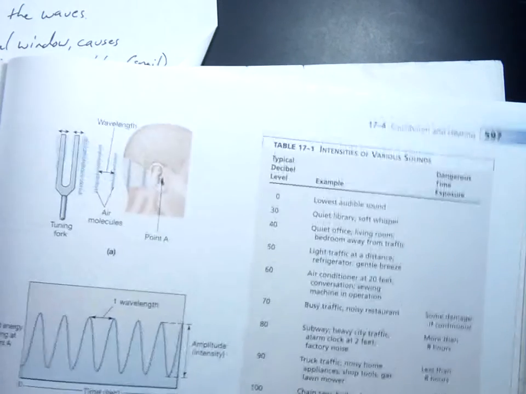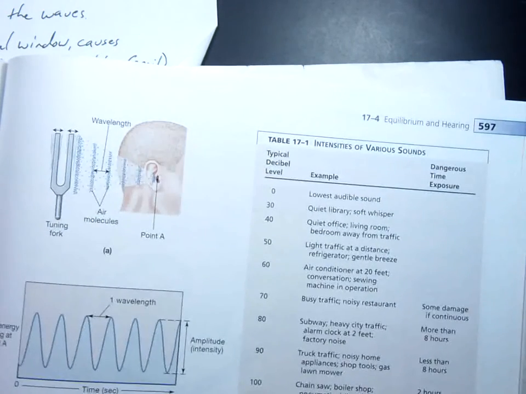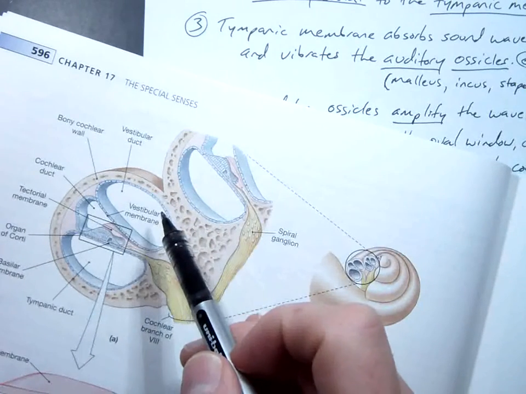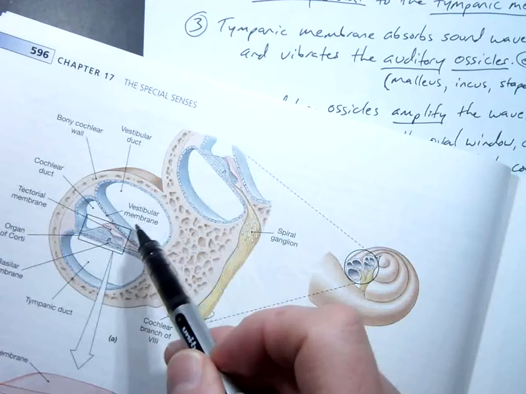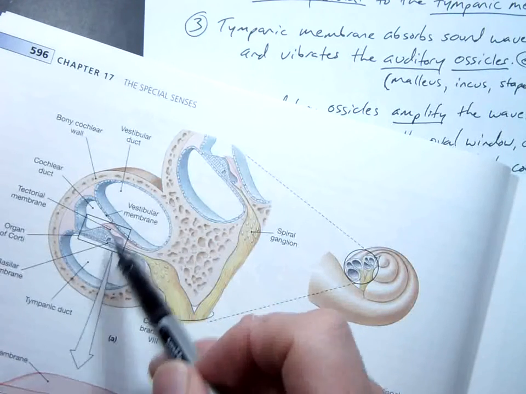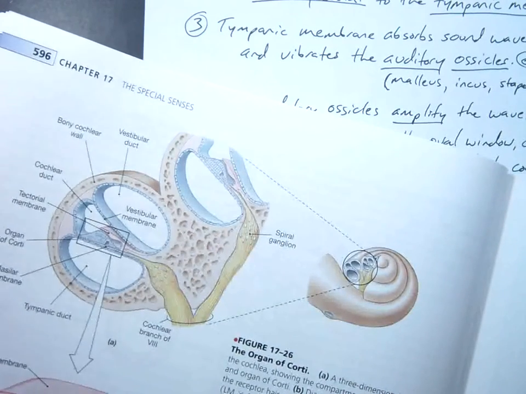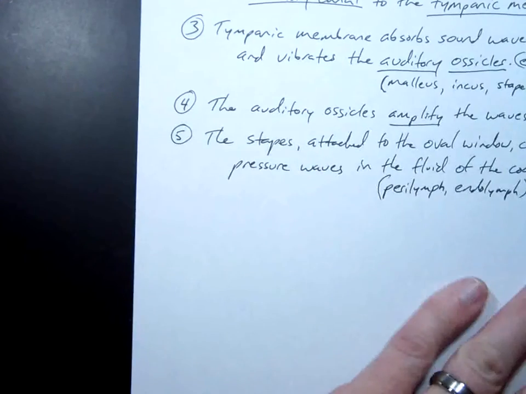Now, how is it processed? Okay? That fluid, the waves in the fluid are going to cross over. Now this is a cross section of the cochlea, all right? And that fluid pressure wave is going to cross from here to here, and as it does, it disrupts something called the organ of Corti. Let's write a couple more things, and then we're going to come back to this idea again, and I'll explain the process, okay?